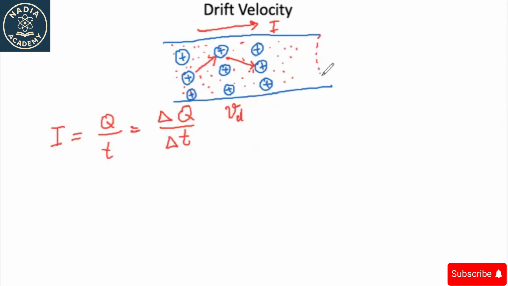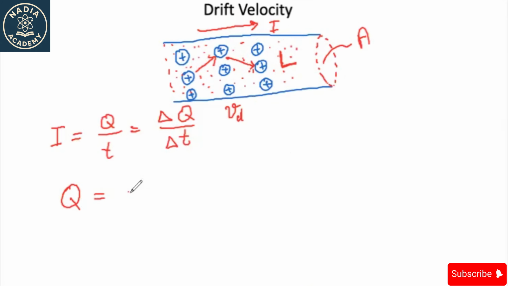Let's consider that our wire has a cross-sectional area A and the length is, let's say, capital L. Let's first calculate the charge, that is, how much charge is going there.